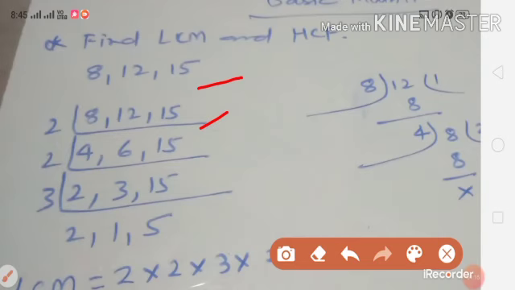Here we see that 8 and 12 are divisible by 2, so start from 2. We find 4 because 2 fours are 8, and we find 6 because 2 sixes are 12, and 15 is not divisible by 2, so we write 15.